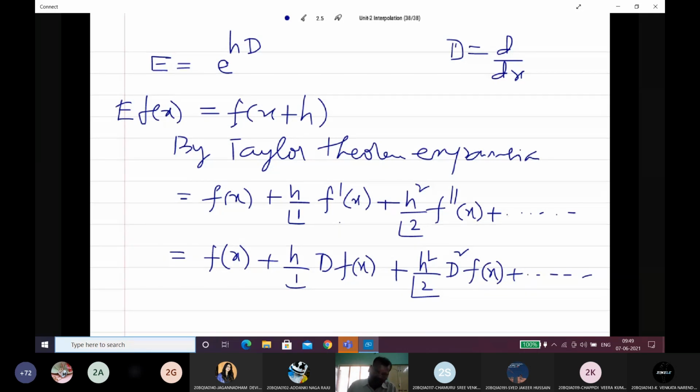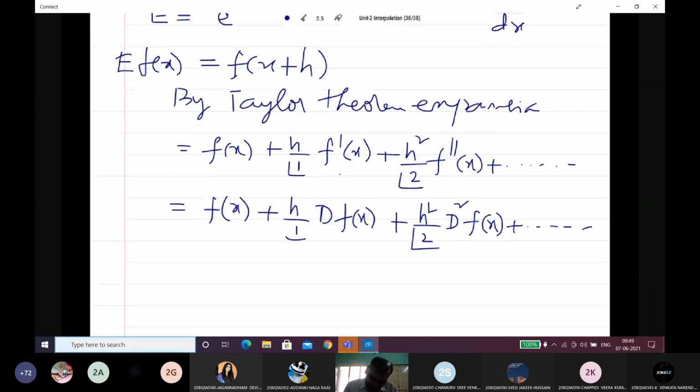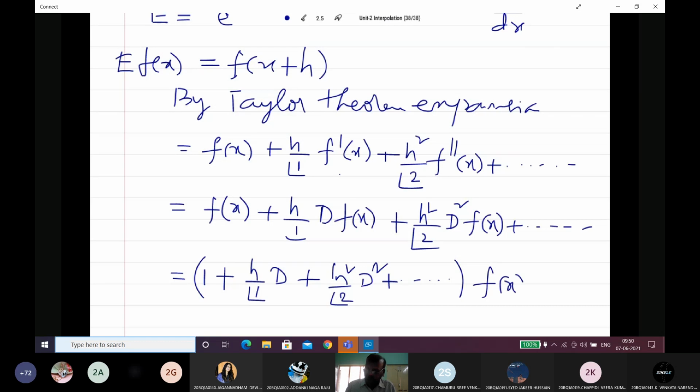So we have to take f of x as common entirely. That is equal to 1 plus h by factorial 1 D plus h square by factorial 2 D square and so on, of f of x.